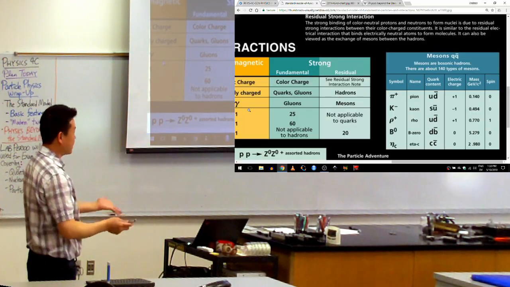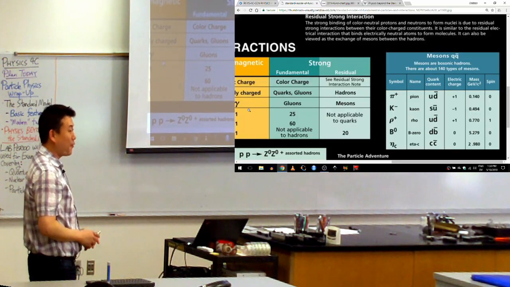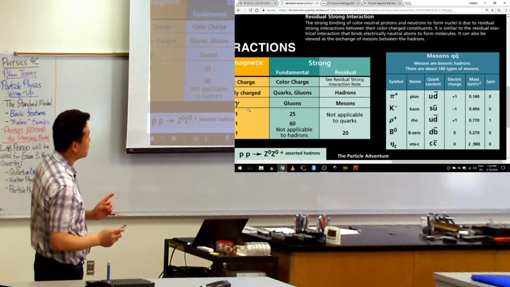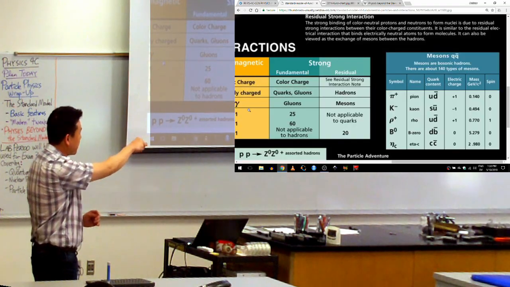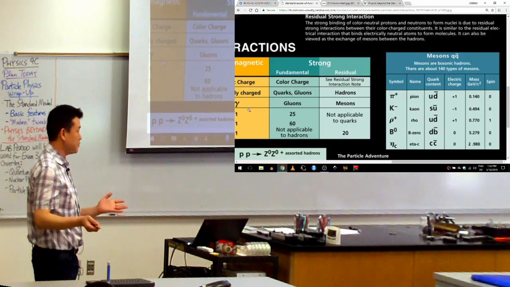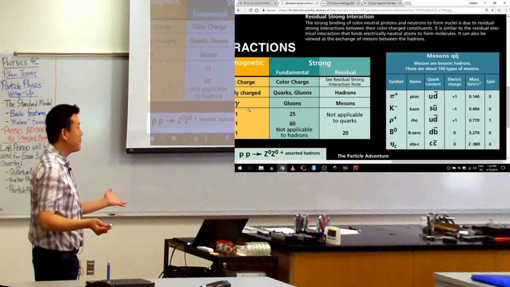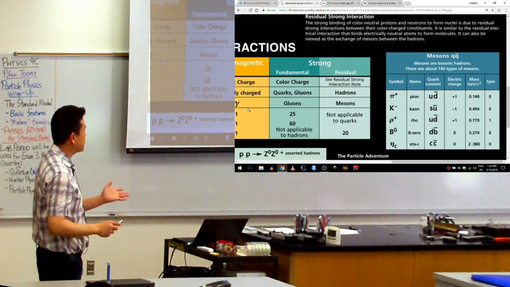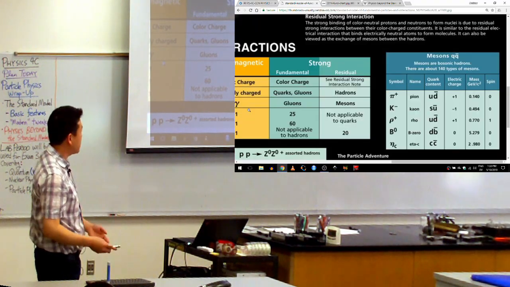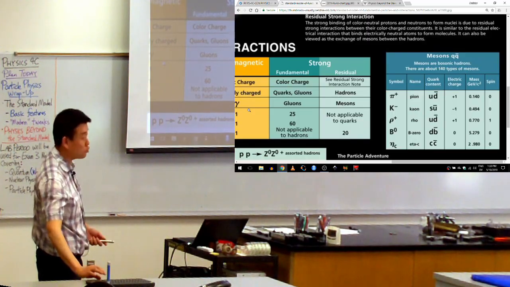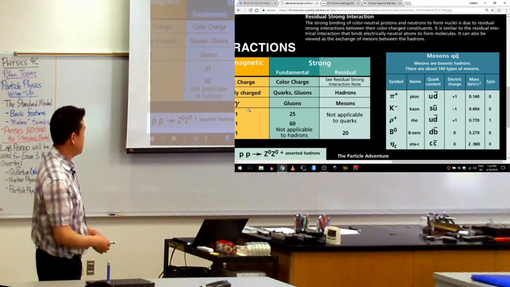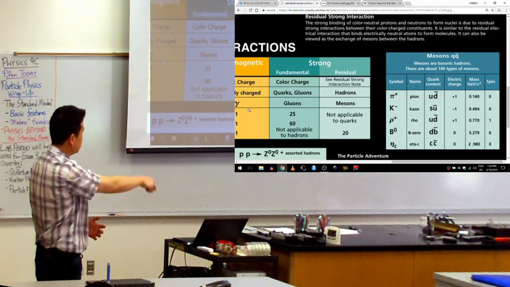That was the original Yukawa's meson. So originally, we thought of nuclear force as being mediated by pion, and that's not an entirely crazy model, but that's not the elementary interaction. The elementary interaction is mediated by gluons. So anyway, so pion, K meson.